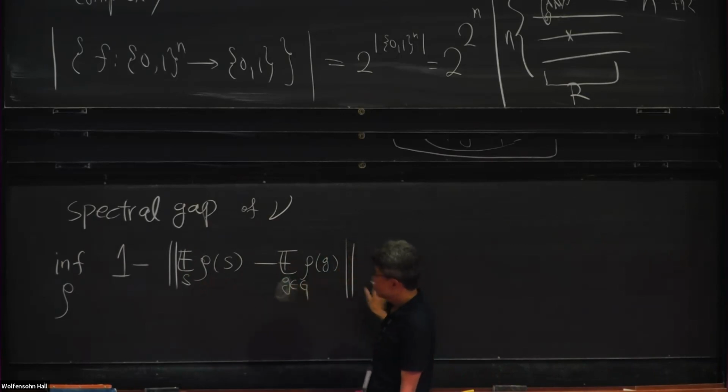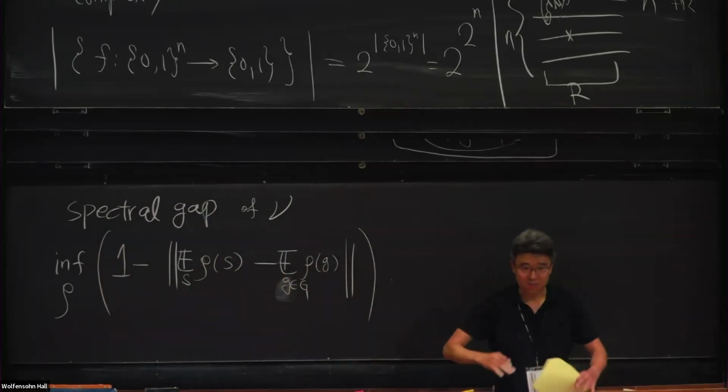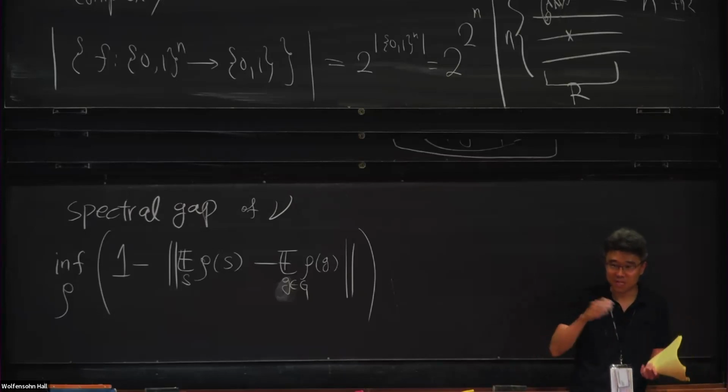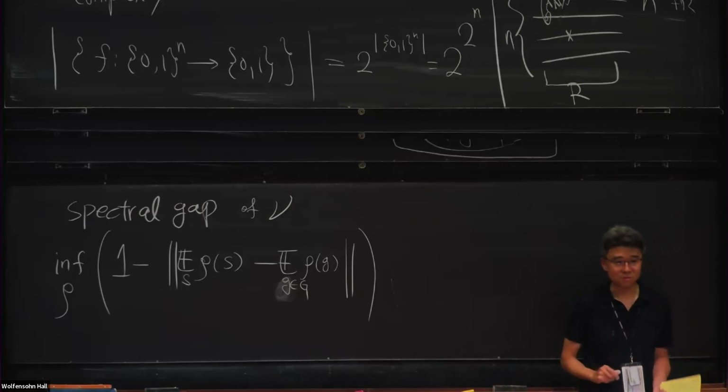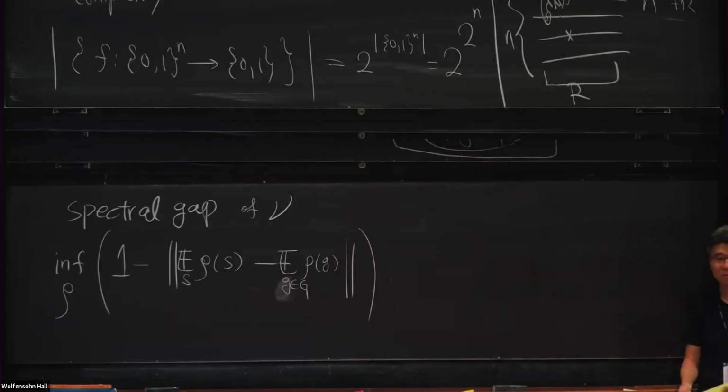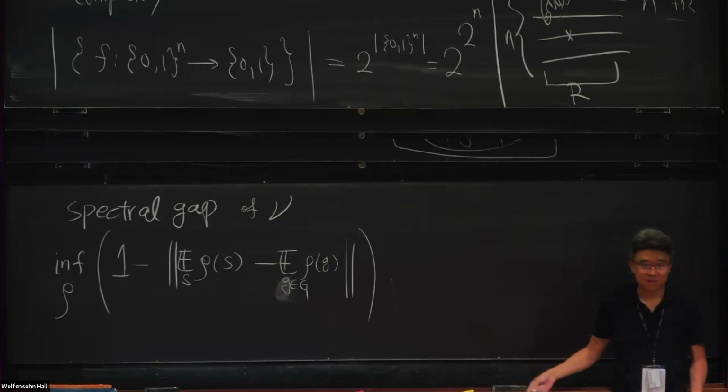And this 1 minus this quantity tells me the slowest rate at which my uneven distribution will decay into the even distribution. So this is a very well motivated quantity, and from the connection to graph theory, if this quantity is positive, people call it an expander.